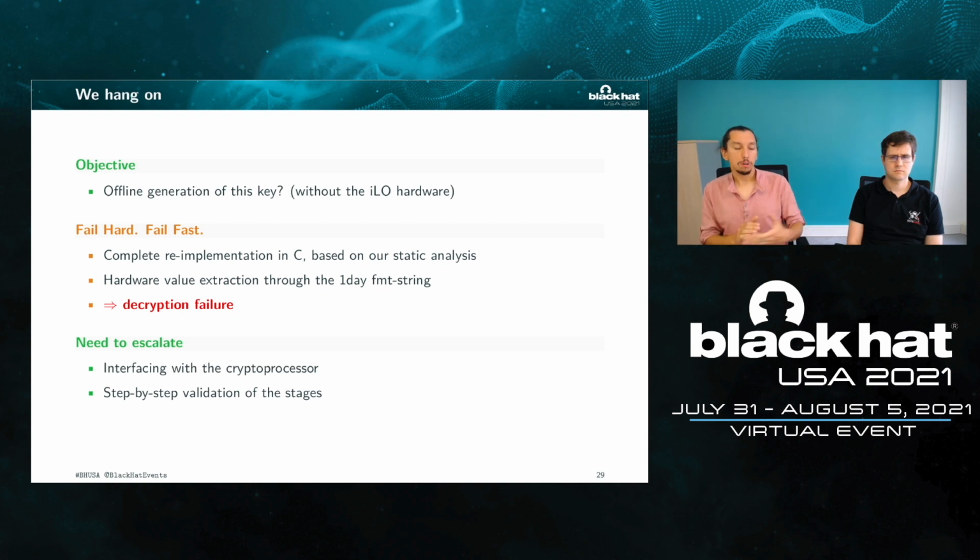We extracted the hardware register values using the one-day format string vulnerability again, and combining all of that, it was a complete failure. We failed to decrypt the userland image. So we needed more information, we needed to escalate our analysis, and possibly interface with the cryptoprocessor to understand and validate step by step all the various stages of the key scheduling function and key derivation.